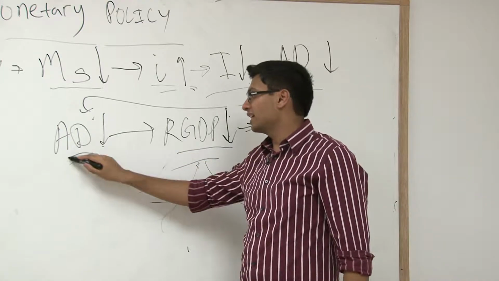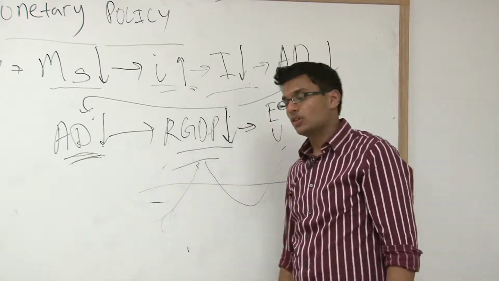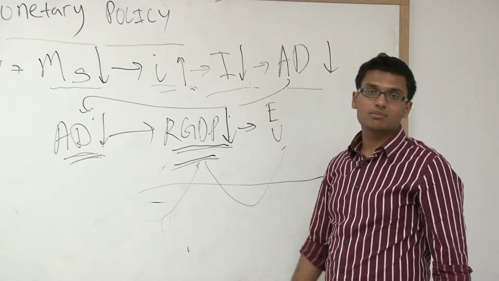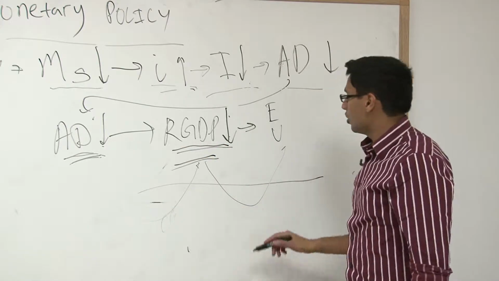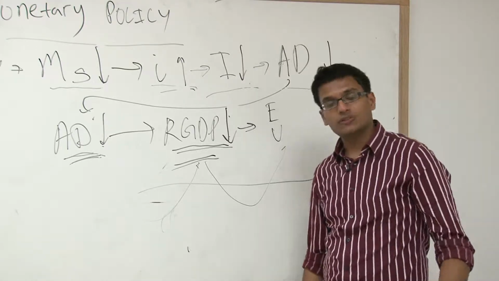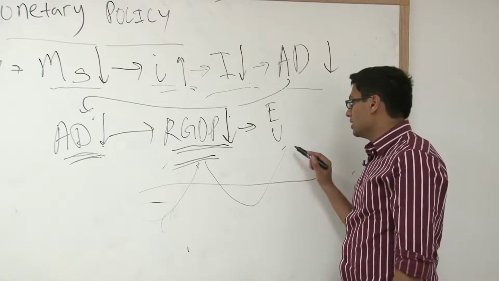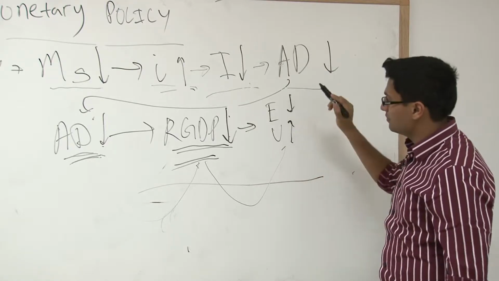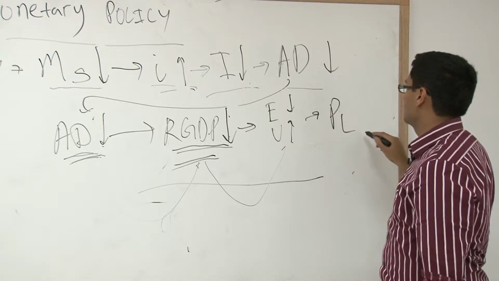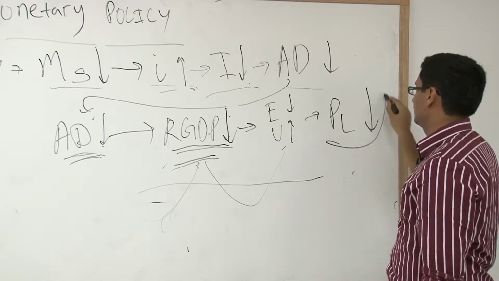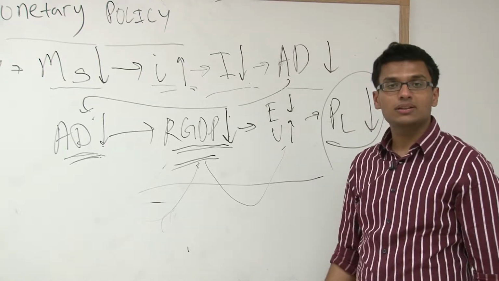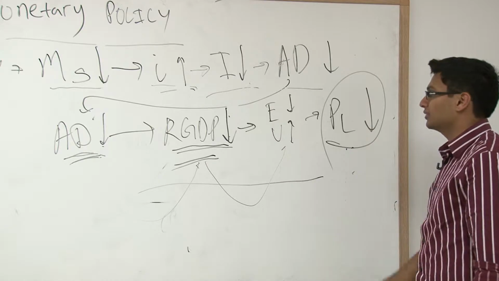Because when my aggregate demand goes down, you're reducing the output as well, which is measured by our GDP. So our GDP goes down. Companies are not doing so great anymore because they've reduced output, so they don't need as many people. So unemployment goes up, employment comes down. The goal of all this is that price levels go down. And this is how we fight inflation. With a contractionary monetary policy, we're successfully able to bring the price level down.